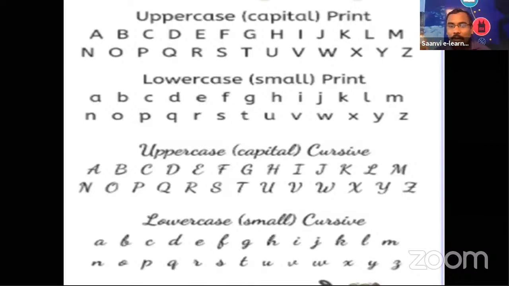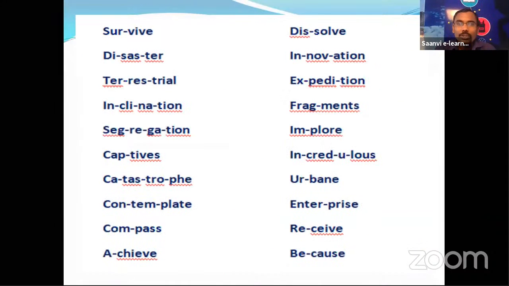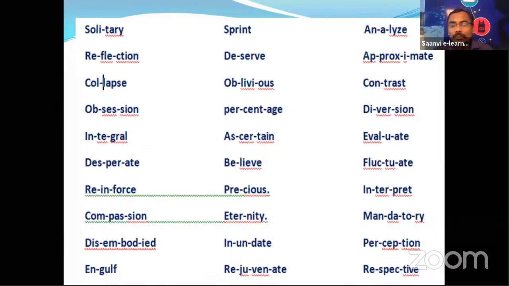Third page, cursive writing capital letters and cursive writing small letters. And then the fourth page, you'll have to go ahead with the 50 hard words. So already I have given here, you can just take a screenshot of it now. We have 2 pages. So fourth and fifth page, just take the screenshot now.